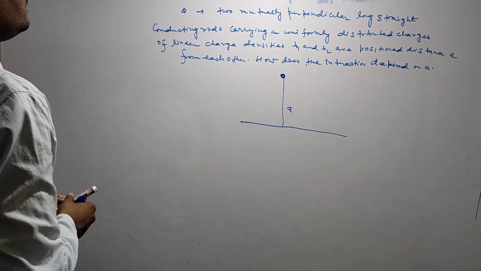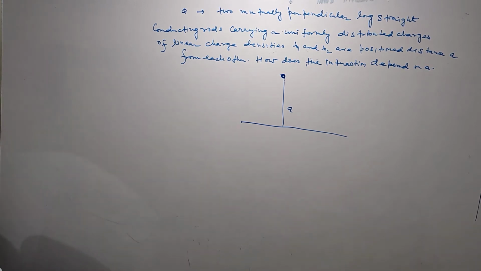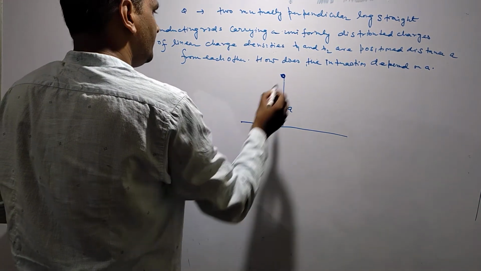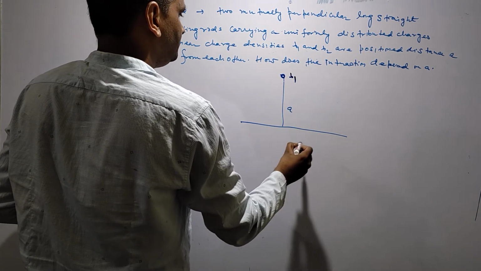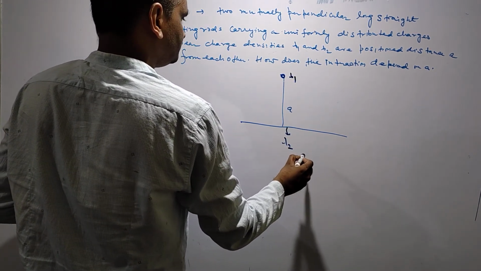Okay, now you have to find the expression of electric field interaction, and this is maybe lambda 1 and this is lambda 2.